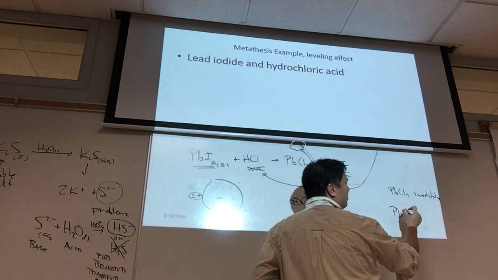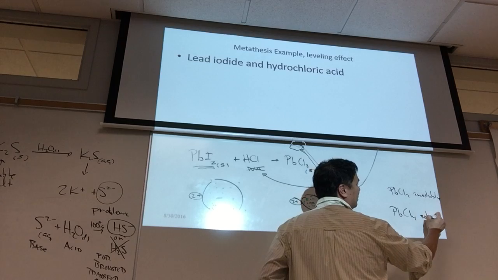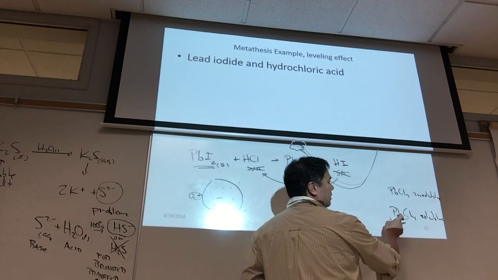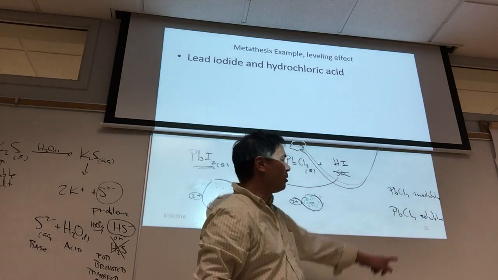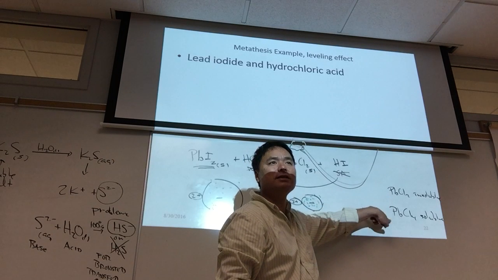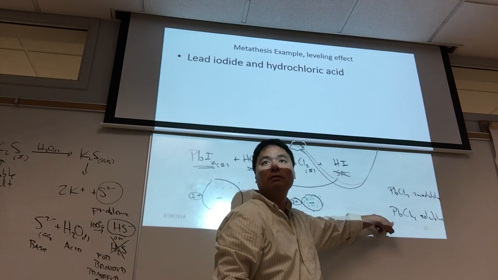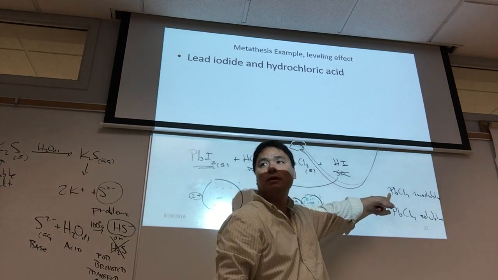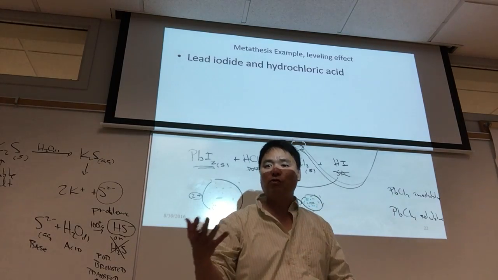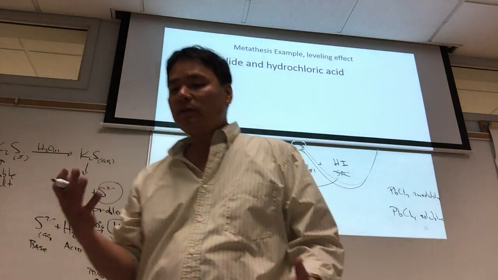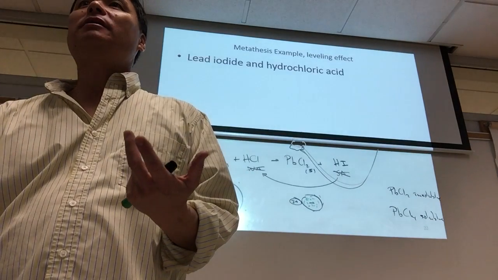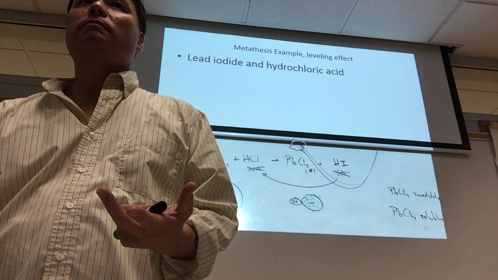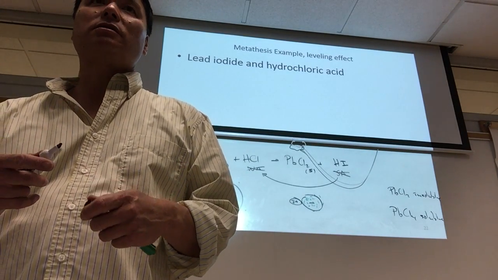But lead 4, PbCl4, is soluble. Wait a minute. This is lead plus 4. This is lead plus 2. Why is this one soluble and this one insoluble? It doesn't make sense, because a plus 4 should be a heck of a lot more attractive for an anion than a plus 2.